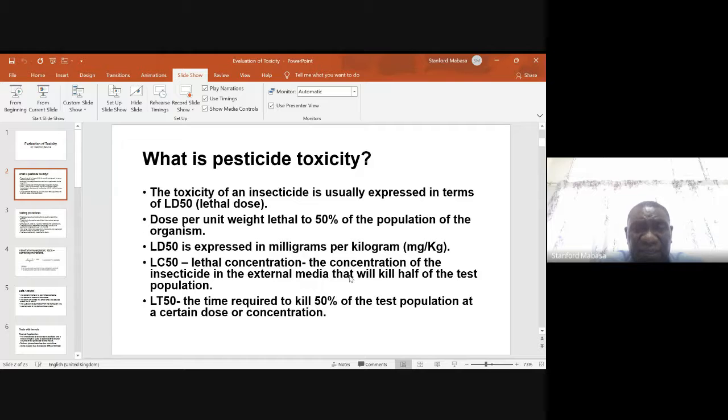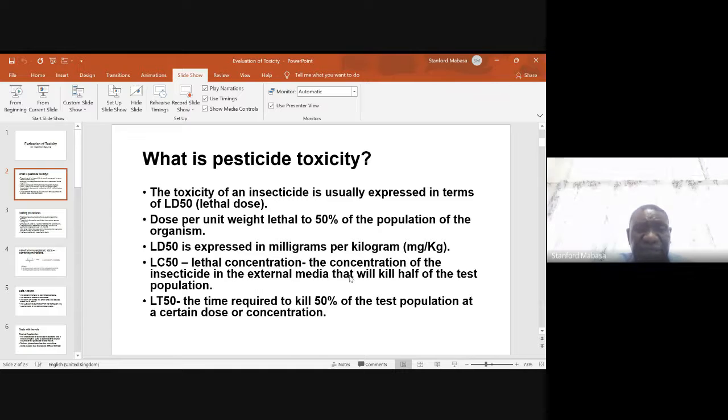The toxicity of an insecticide is usually expressed in terms of LD50, or lethal dose. It is the dose per unit weight lethal to 50% of the population of the organism.